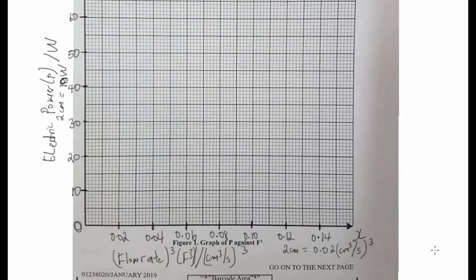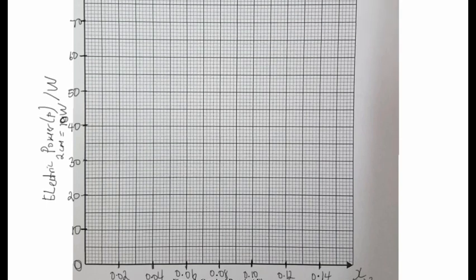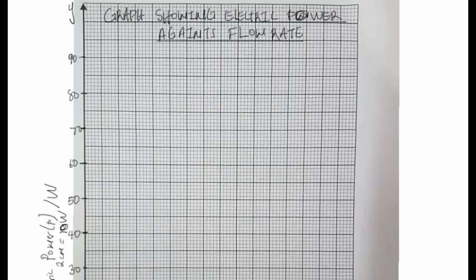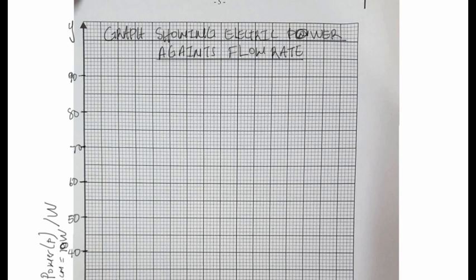Okay, so we'll now use the data that we filled out in the table to plot our graph. Before we actually start to plot the graph, let's just review what we have done, because I went ahead and filled in some of the necessary information required for the graph.